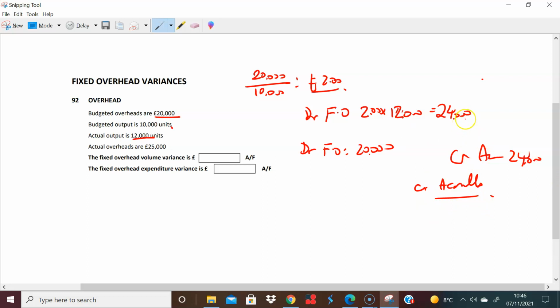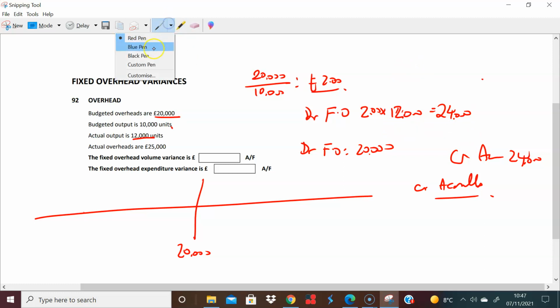Now, sometimes I use a scale, and I'll start off by writing the budget itself of 20,000. The first thing you know to do, because this is what's happening in your accounts right now, is to say, well, listen, we have currently over-absorbed. So I'm going to put through another journal to bring this down.